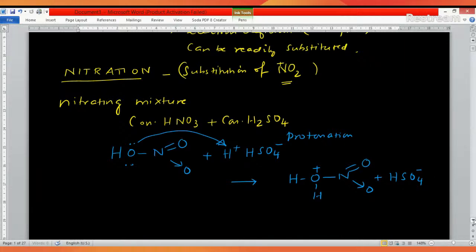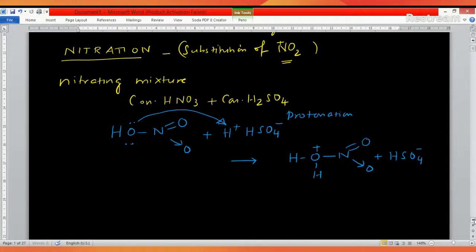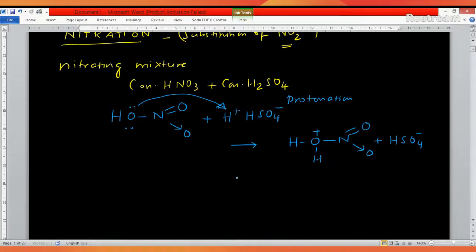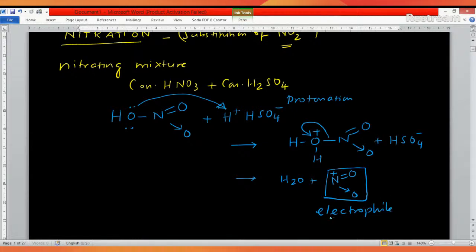After getting the protonated form of nitric acid, water is eliminated from this. On the removal of water, we have a species like this, N double bond O, single bond O. The group of atoms carrying positive charge can behave like an electrophile.